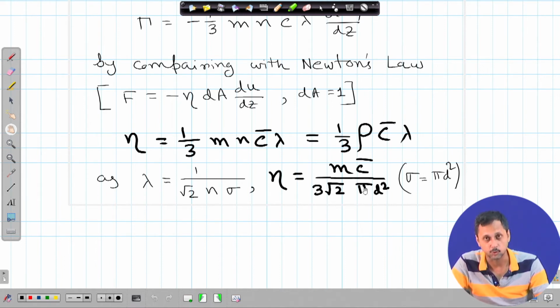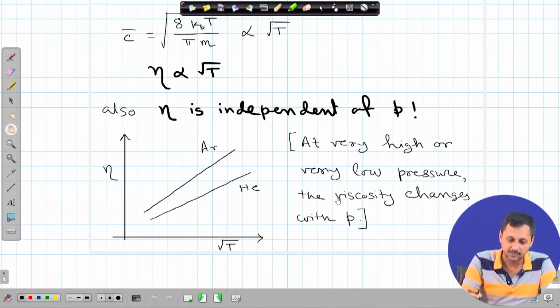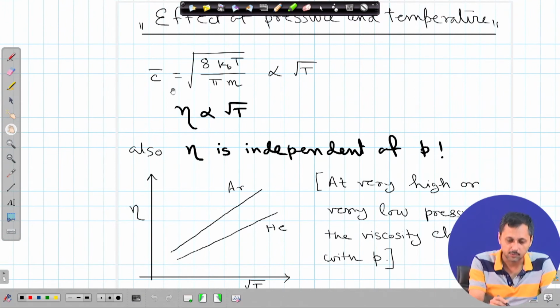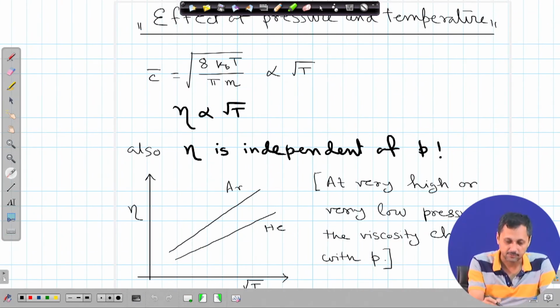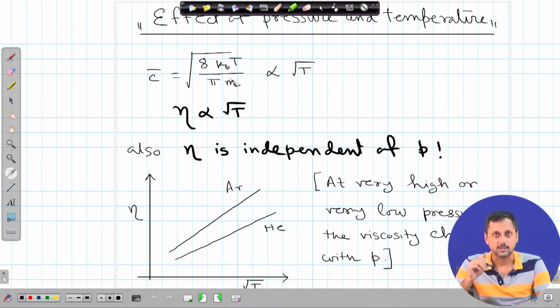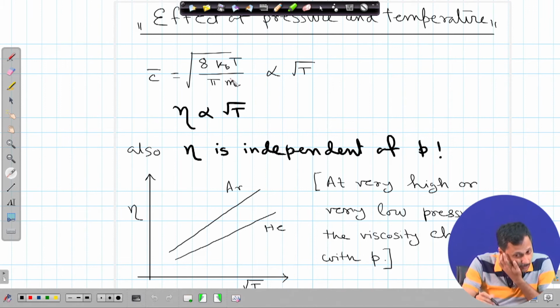So, eta is proportional to c bar. Now, what is c bar here? C bar, we know, is equal to root 8 kT by pi m, which is once again a function of temperature only and of course, the molecular mass. Okay. So, we can write that c bar is proportional to root T. So, we can write eta is also proportional to root T.